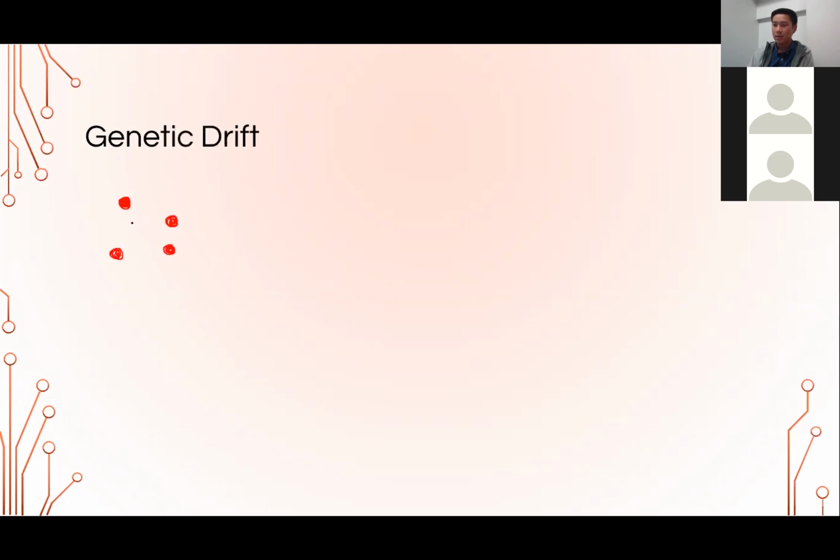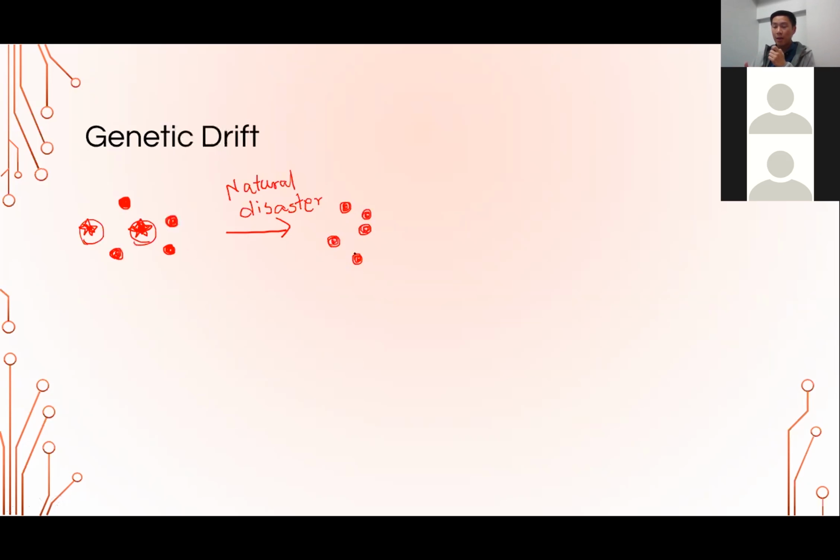But there are some organisms that are different from the others in the population. So when a natural disaster like a storm occurs, it's going to take out all of these special ones, only leaving the red circle organisms.